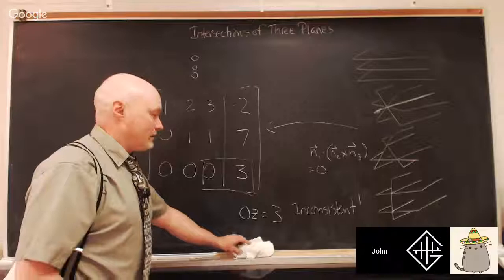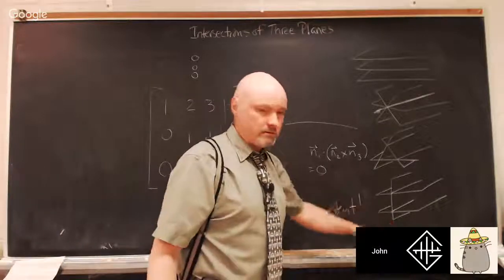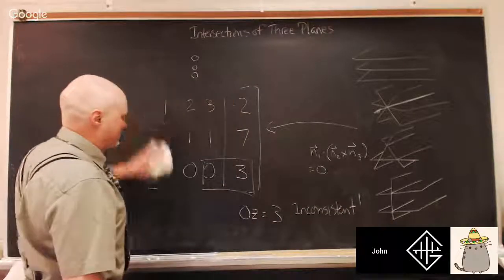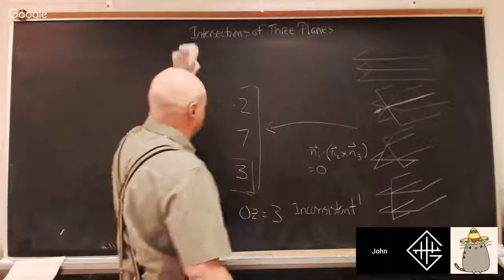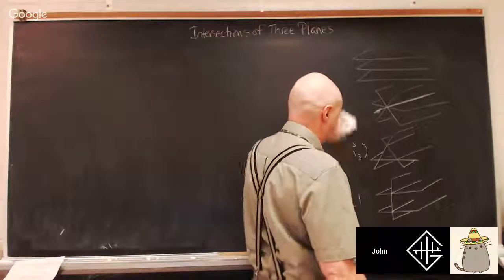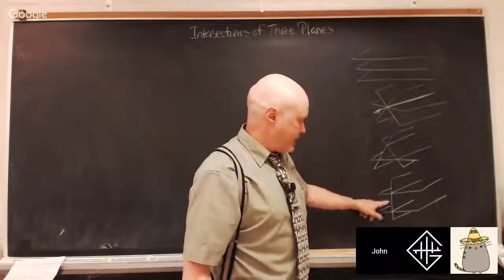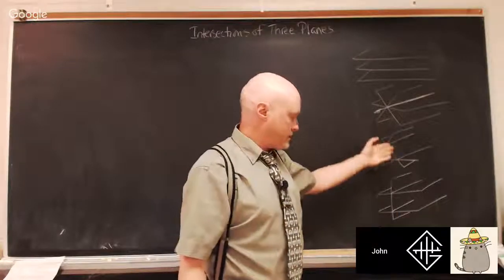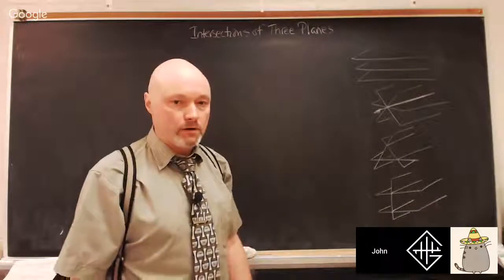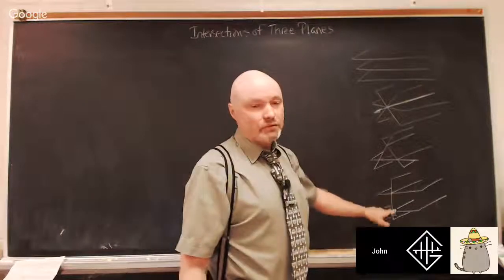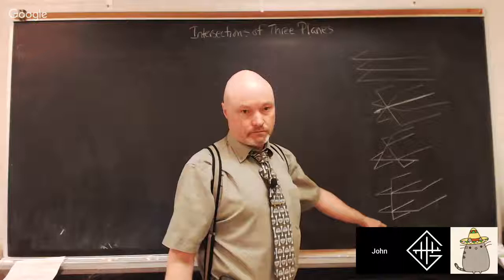Okay, last situation, which is, I don't know, I like that one. I like the way it looks. So this plane is parallel to this plane, and then there's a third plane cutting through. Same sort of situation, okay?